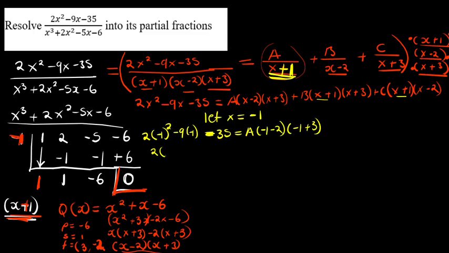So it will be 2 there, 1 minus, that will be positive 9 minus 35 equal to a negative 1 minus that, I will have negative 3. Then there it is positive 2. So I'll have 2 plus 9 and minus 35.